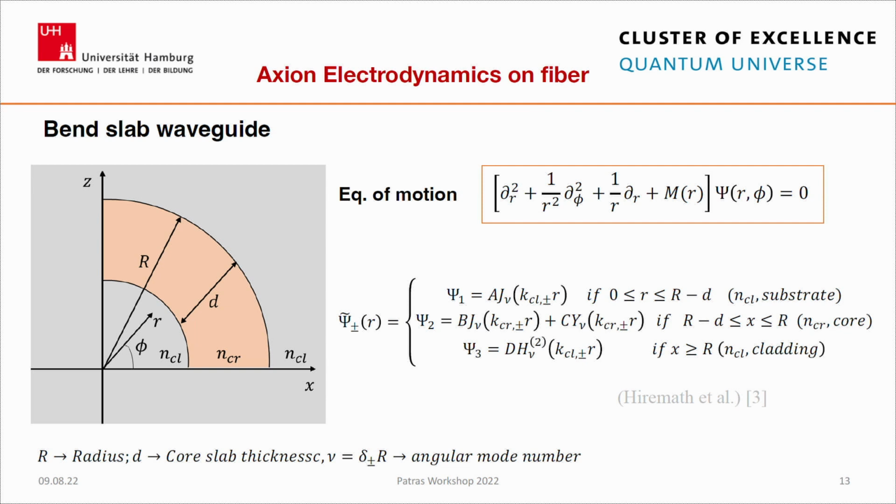In this sketch we consider an infinite slab, with no variation in the y direction. Returning to our equation of motion, the propagation constants of our system depend on the angular direction, and also the electric and axion fields are coupled.